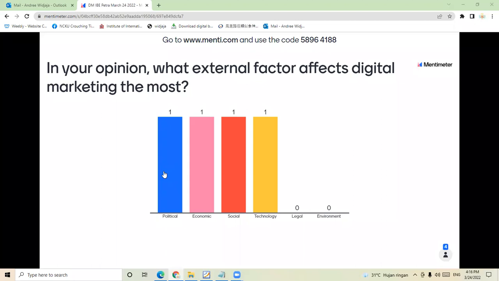According to the book, these 2 factors are, can you guess? Among these 6, there are 2 factors which are the most influential to digital marketing.